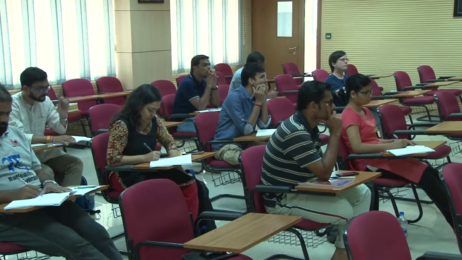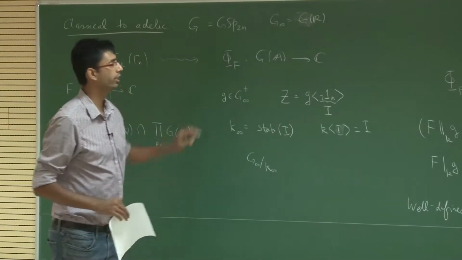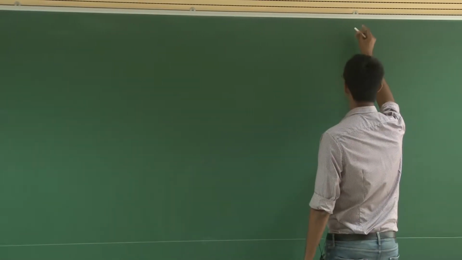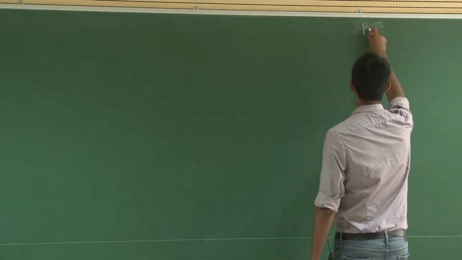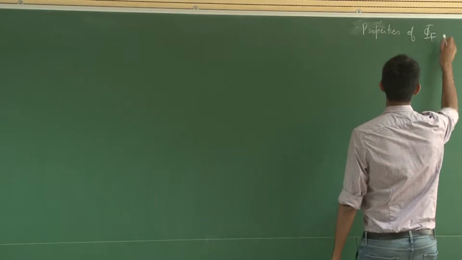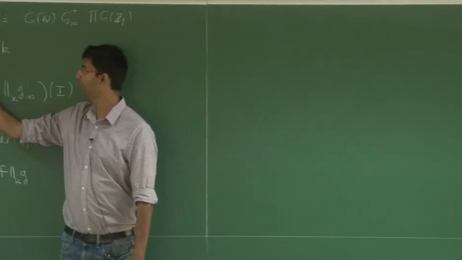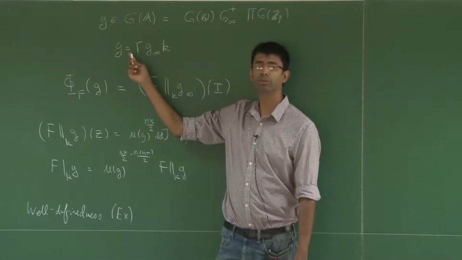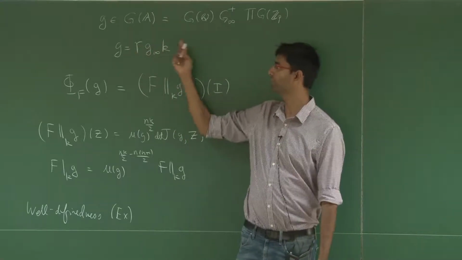Okay, so, given an f, I have defined a phi f, it is a function on GA, and I am going to start writing down its properties. Properties of phi f. Number one, there are some obvious properties which come from the actual definition. Because it depends only on G infinity, my function is left invariant under GQ and right invariant under the compact, just by definition, because if I multiply something, they get just absorbed.